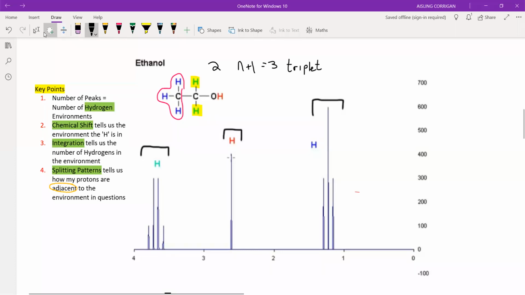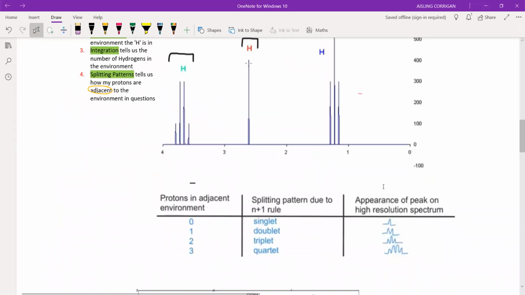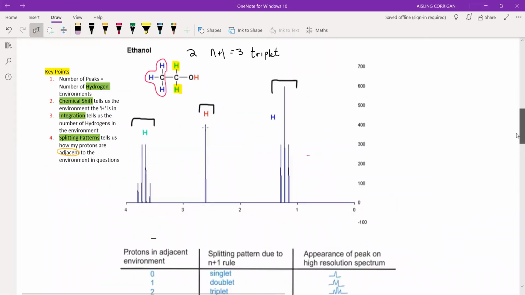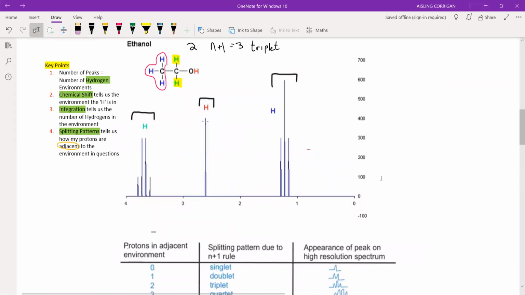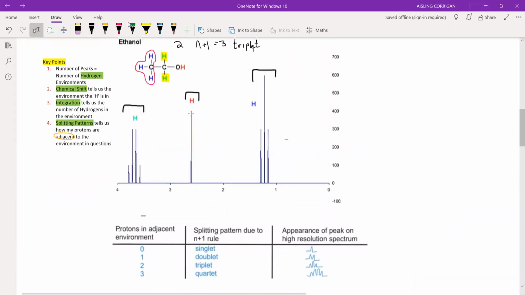Excuse my writing. So I have a little table here that'll explain that. It's very important not to get confused between the splitting pattern and what that means, and the chemical shift and what that means. So again, the chemical shift tells us what environment the H's are in. The splitting pattern tells us what hydrogens are adjacent to that environment we're talking about.